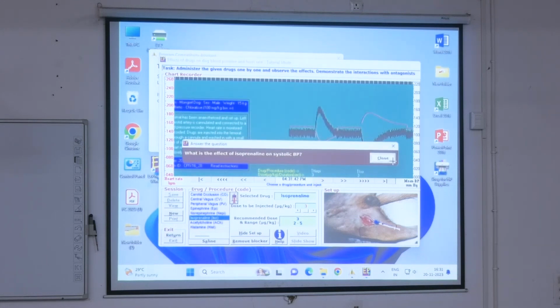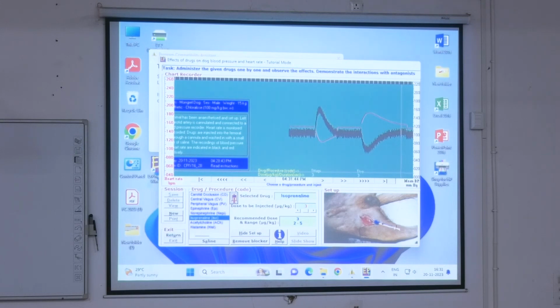Now we can see the fall in blood pressure with isoprenaline. It is a strong non-selective beta agonist. That means it has got both beta 1 and beta 2 effect. Now tell me, what will be the effect on heart rate with isoprenaline?